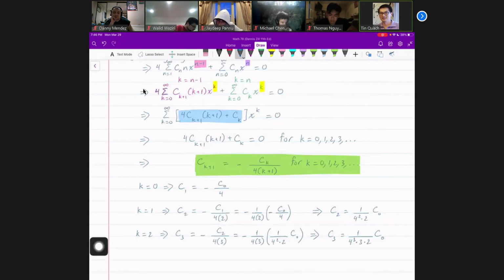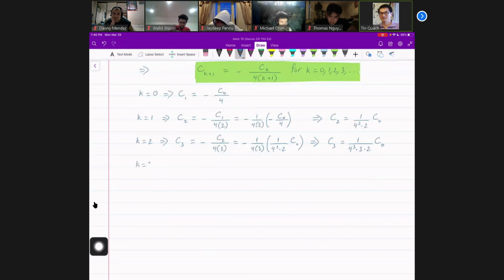Okay, so let's do one more and we can get the pattern. So c sub 4 is equal to negative c sub 3 over 4 times 3 plus 1, which is 4. So what you have is 1 over 4. We don't want to multiply those out, okay? We're supposed to have a negative here, right? Supposed to be negative because you have a negative here.